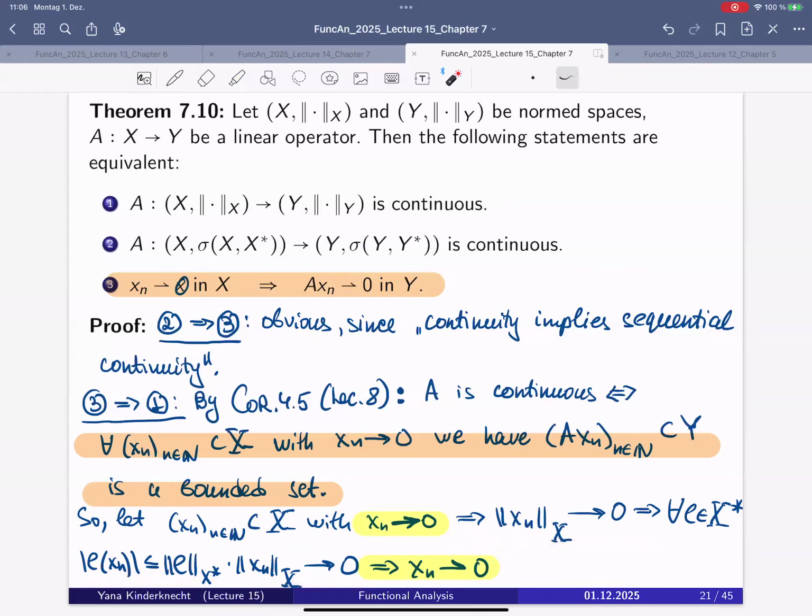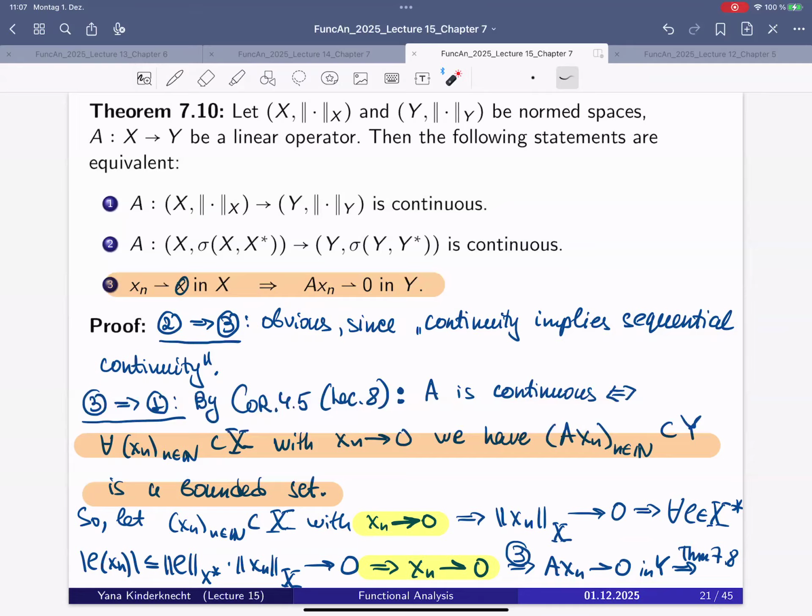Now I use this assumption 3 that this holds. So we have that AXn converges weakly to 0 in Y. And then I use theorem 7-8, which says that if we have a weakly convergent sequence, then it is bounded in the norm.